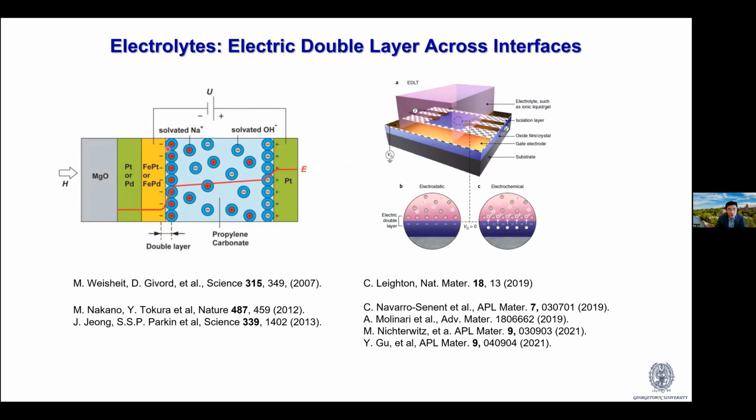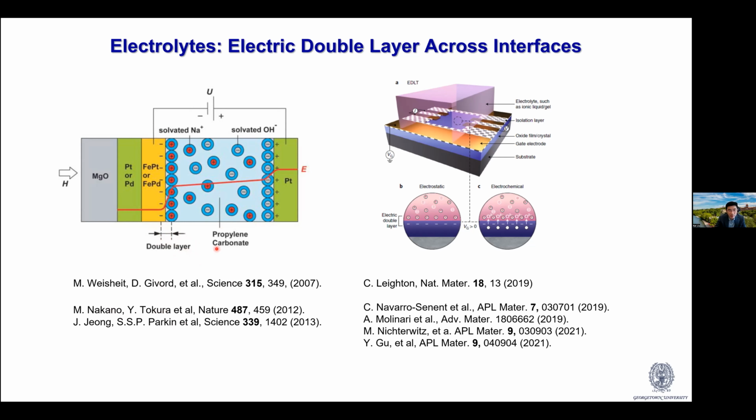So right at this interface, you have basically a nanoscale electric double layer, a nanoscale charge capacitor. So that modifies the carrier concentration and in turn the physical properties such as magnetic anisotropy. And this effect by nature is interfacial because of the electrostatic means.